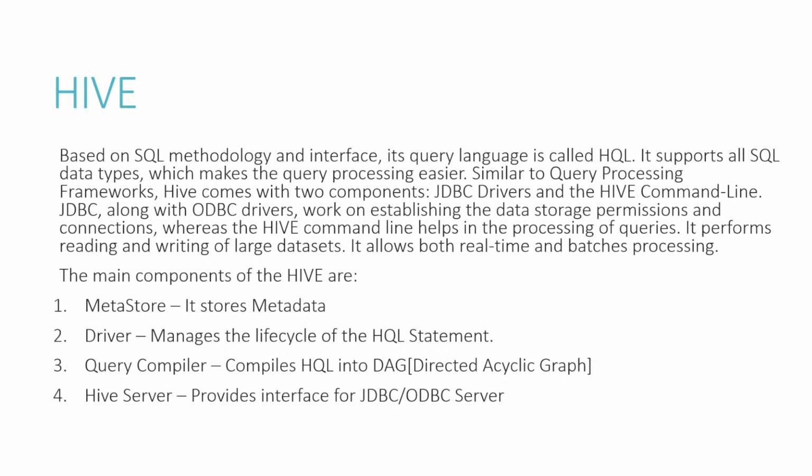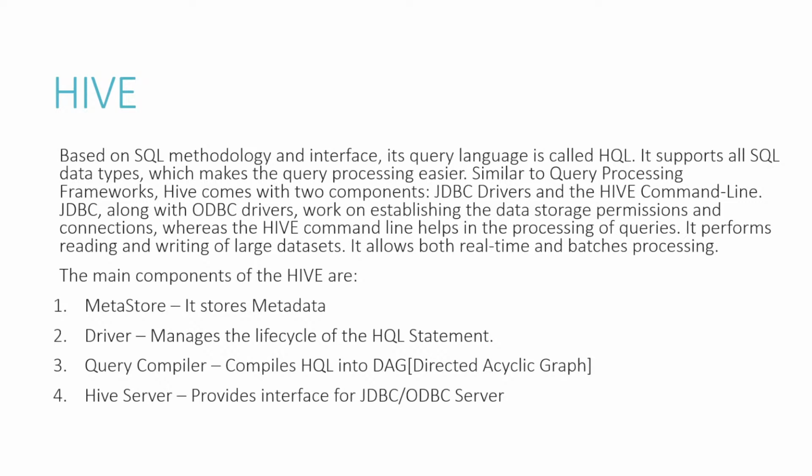The driver manages the life cycle of the HQL statement. After you run it, the driver pulls it up, converts it into a MapReduce program, runs it, then provides the output. The query compiler compiles the HQL into a DAG. A DAG is a directed acyclic graph. What it does is break it into multiple steps, which run one after the other. Acyclic means it doesn't circle back into a cyclic processing job.